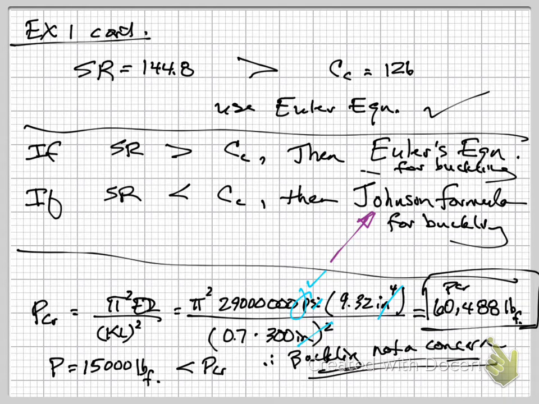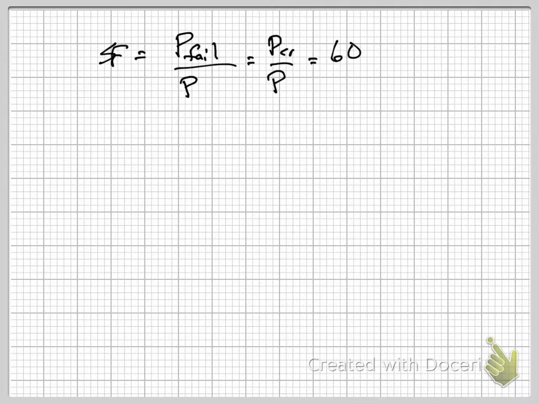I want to point out here one more thing. We can calculate our safety factor even against buckling. I should call this failure. Our failure load over our actual load. In this case, it's P critical over P. I had approximately 60,000, and we were actually loading it around 15,000.